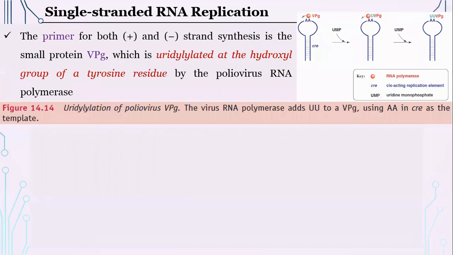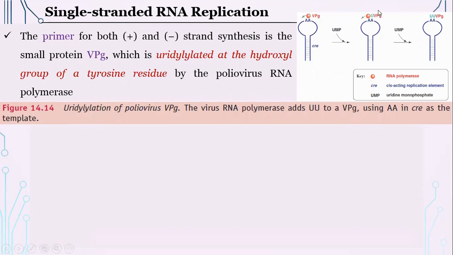How the primers for both positive and negative sense strand synthesis is the small protein VPG, virus genome linked protein, which is uridylated at the hydroxyl group of the tyrosine residue. So this VPG will have a hydroxyl group on a tyrosine residue, and the hydroxyl group of that tyrosine residue is uridylated.